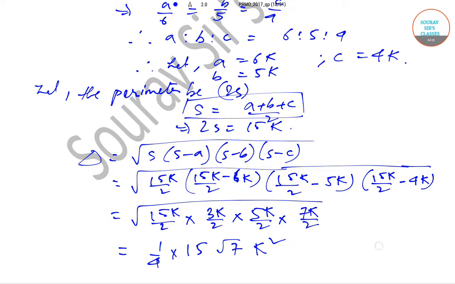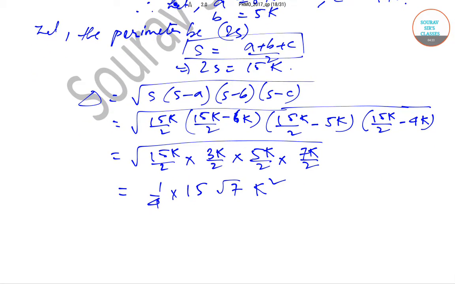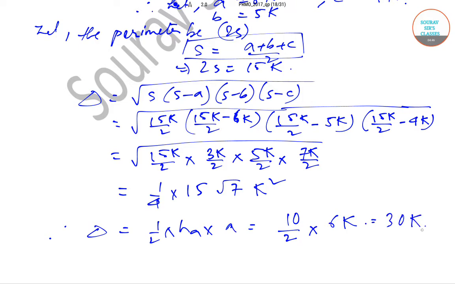So this is what we've got. And also we can write that area of the triangle will be basically half into HA into A. So HA we know is equal to 10 and A we know is equal to 6K. So this will be basically 30K.